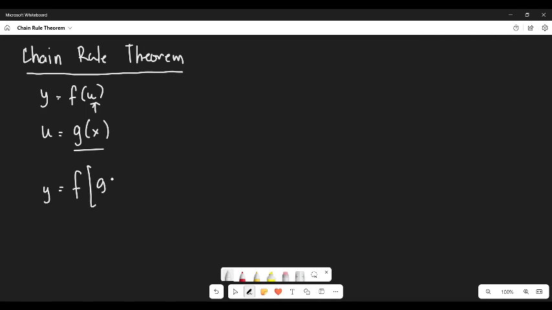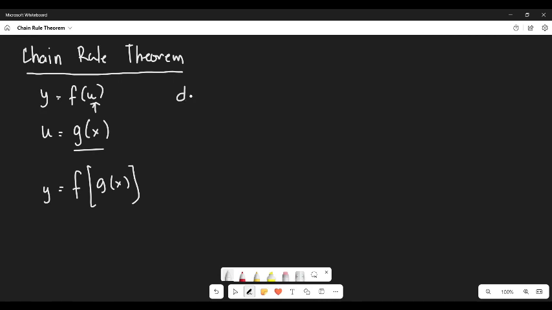So y becomes a differentiable function of x when we substitute the value of u. It says that y is a differentiable function of u and u is a differentiable function of x, and therefore y is a differentiable function of x.